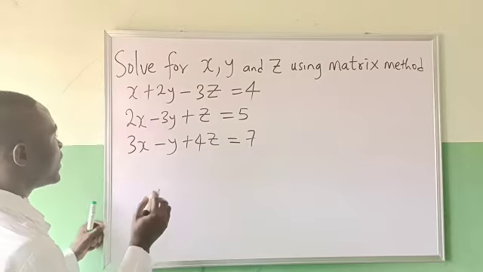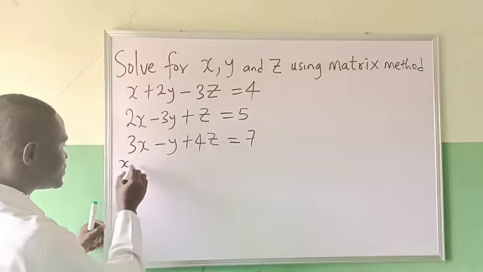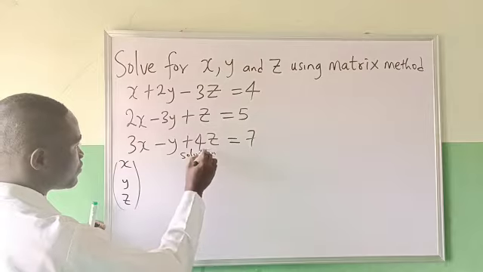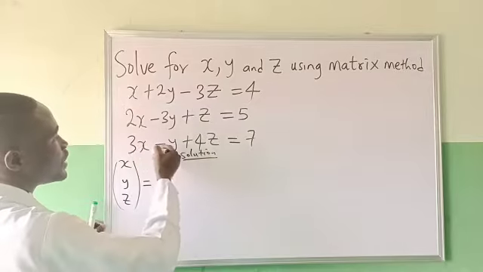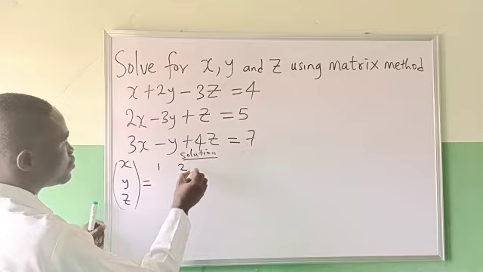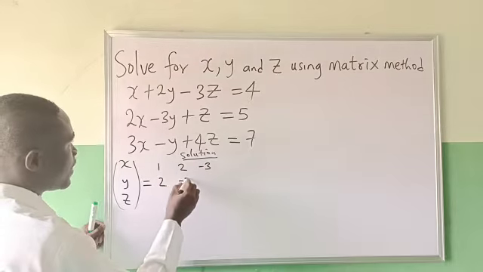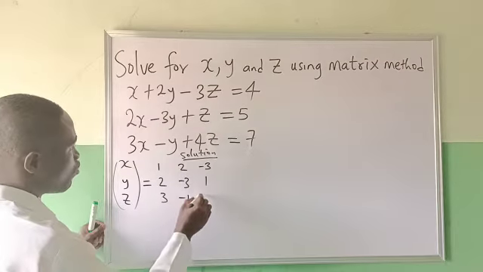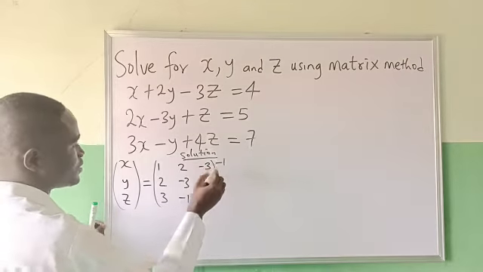First thing you do is you write the x, y, z we are to solve for, equals, and then the coefficients: 1, 2, minus 3, 2, minus 3, 1, 3, minus 1, 4.